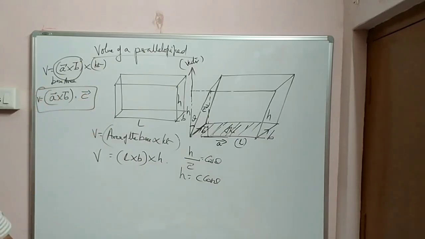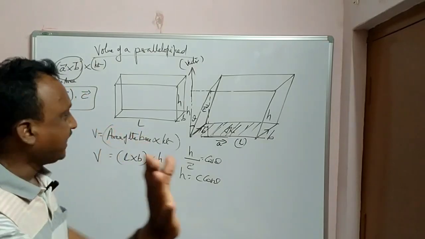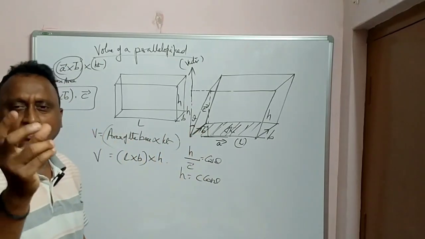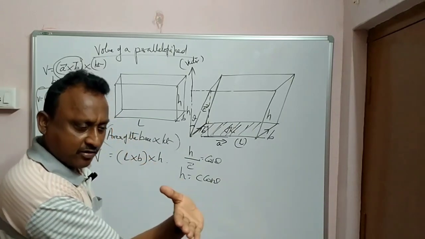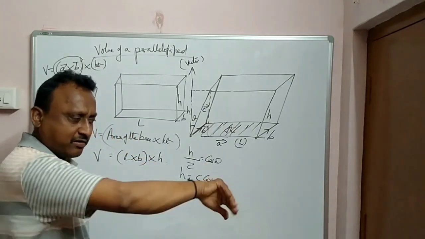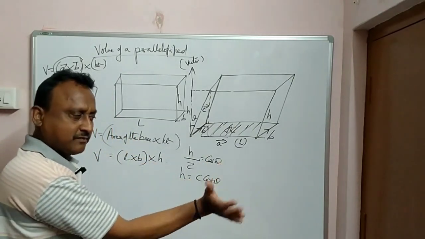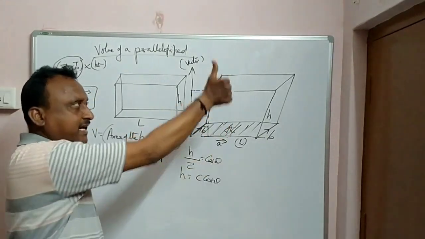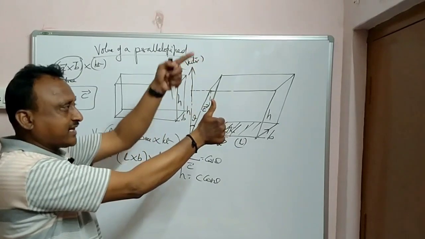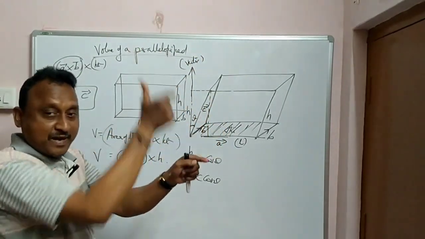Have you understood the point here? We are finding the cross product. We have to use the screw rule, or you can use the curl rule, either screw rule or curl rule. In the curl rule, curl along the direction A cross B. So your thumb is indicating an upward direction, so this is the resultant vector. But this vector is perpendicular.